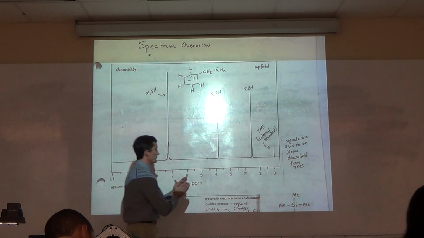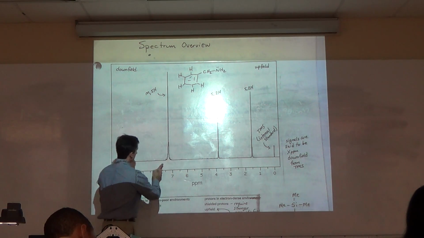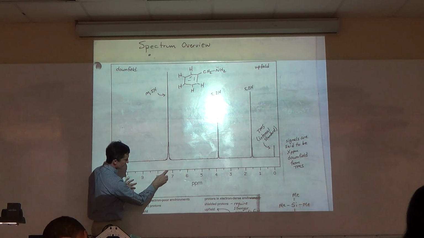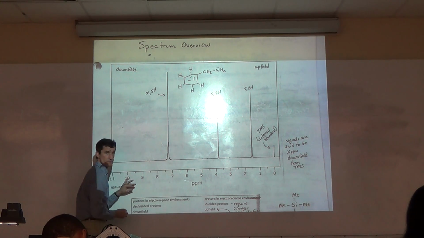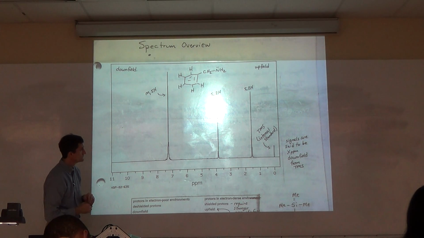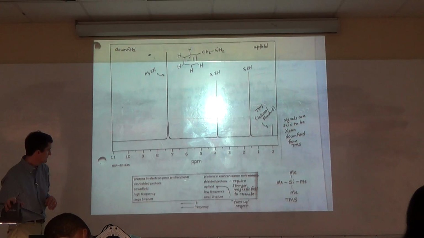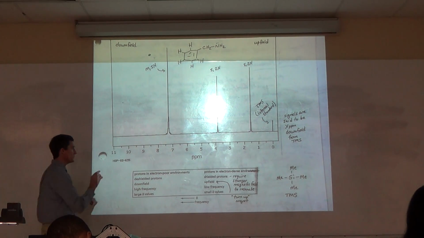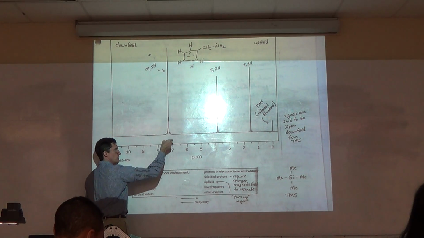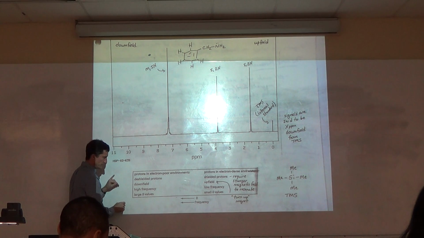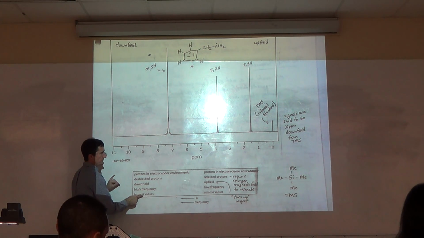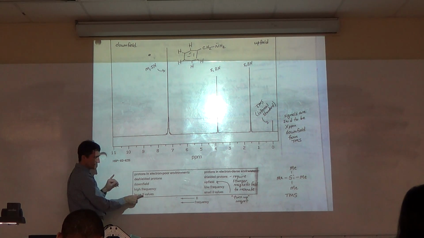Peak position is very important. For example, this peak we say occurs at about 7.2 ppm. You could also say this occurs at 7.2, a delta value of 7.2, because the ppm numbers are also known as delta values.